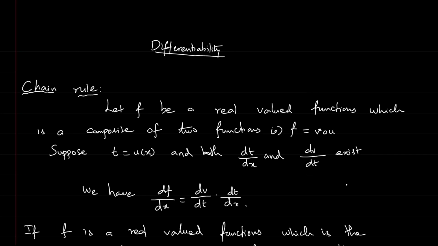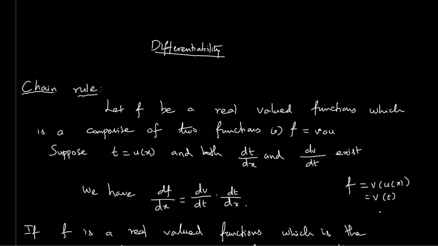So what is given? We can write this f as v of u of x, and we are taking this u of x as t. So see here, f is a function of v, v is a function of t, t is a function of x.